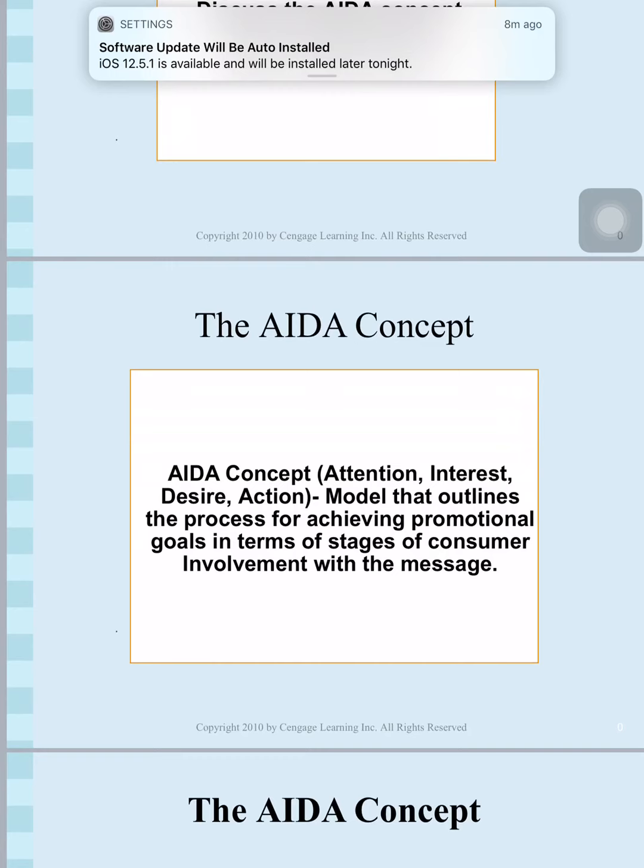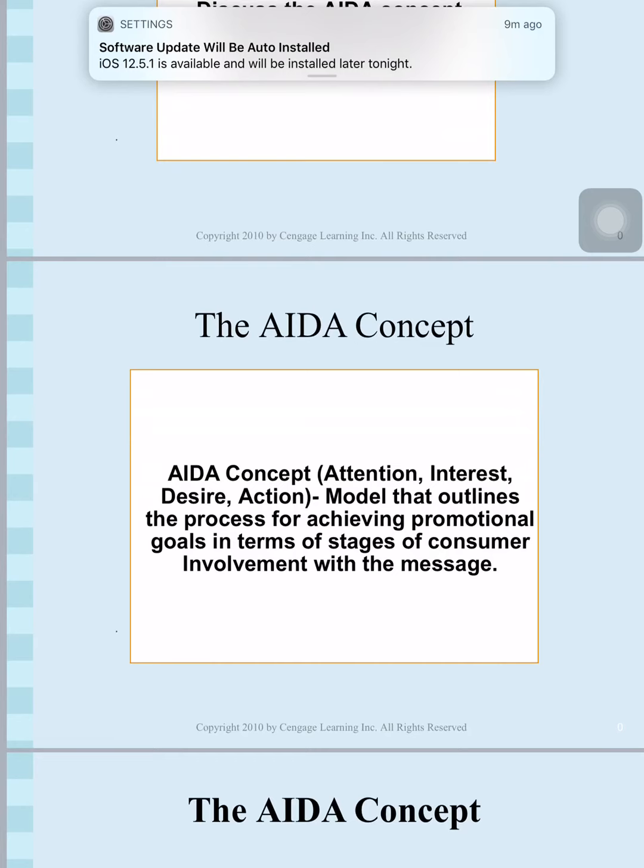Next is a good sales presentation. You have to demonstrate and also advertise in order to create interest, I for interest, in the product, by illustrating the features which can satisfy the consumer's needs and wants, their desire and so on.